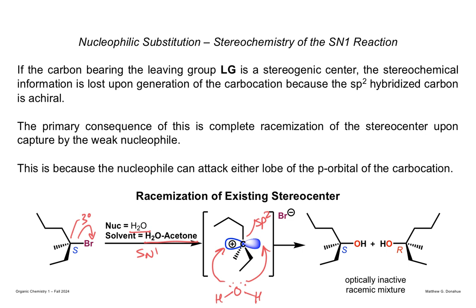And then when you look at the products, we could say this was retention and that was inversion of the stereocenter, but you form them equally. So you get a one-to-one mixture. And if you were to put that in a polarimeter, the specific rotation would be 0.